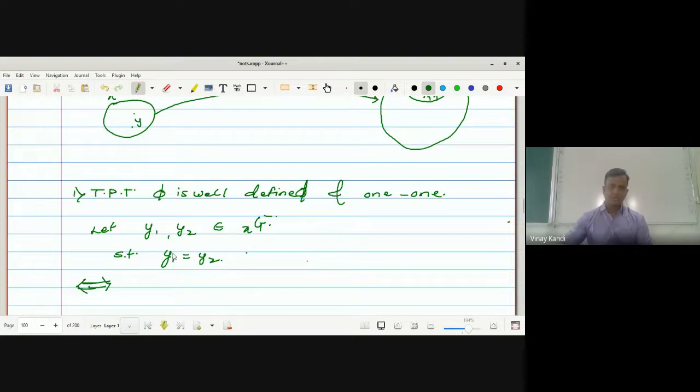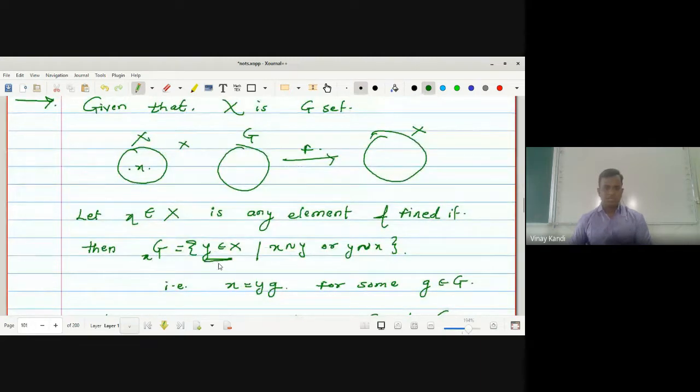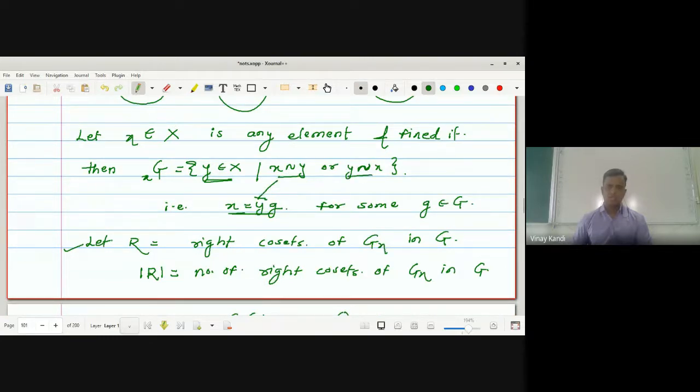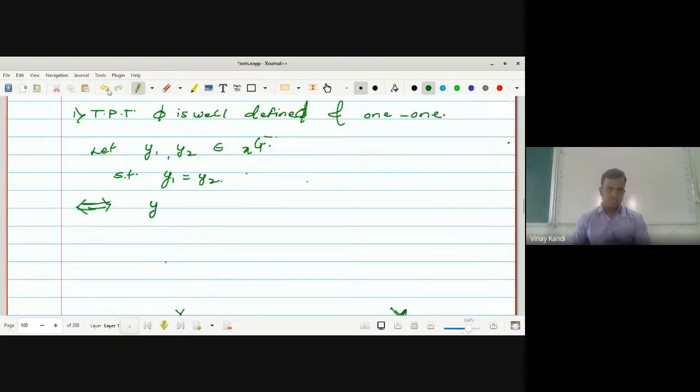What is the nature of y1? If any element belongs to the x, एखादा एलिमेंट x च्या सेट मध्ये असेल तर तो कसा असतो, x is equal to y or y is equal to x. ओके, एक तर असं असेल, हे कंडिशन असेल तर असं असेल, हा असेल तर y is equal to x. ओके, किंवा हा g बिलॉंग्स टू कॅपिटल G आहे ना, इनवर्स घेतल्यानंतर काय होईल, हा y is x g inverse. ओके, या रिलेशन मध्ये हा g inverse belongs to capital G. ओके, so nature of this y is equal to y1 is x g1 and this y2 is equal to x g2.